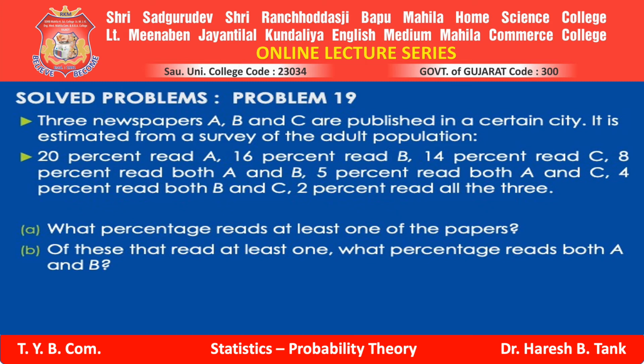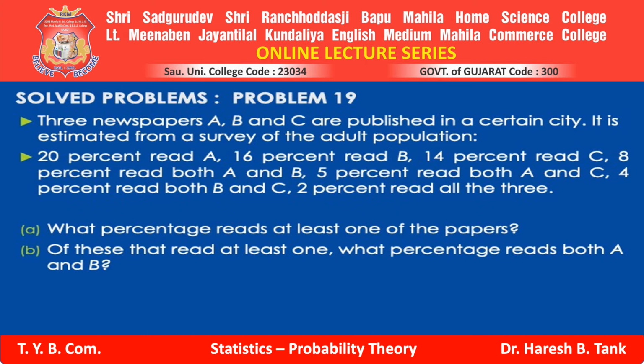The required probability is, first, what percentage reads at least one of the papers. Second, of those that read at least one, what percentage reads both A and B?